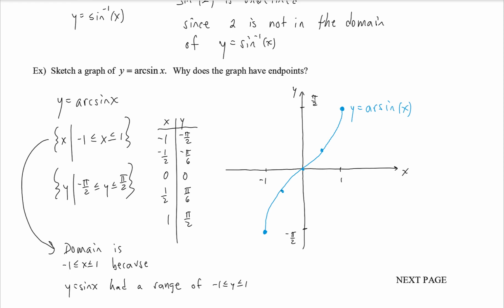All right, so that's why we got endpoints here. So that's the parent function for inverse sine. That's what its graph looks like. That's what its shape is. So you can apply all the transformations to that and get various adjustments to that graph.